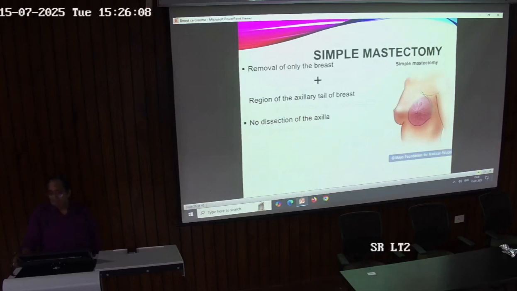Because you are removing the breast tissue before involvement of the axillary lymph nodes, therefore the breast metastasis will not be happening in the lymph node. There is a test to confirm whether there is lymph node involvement or not. Which type of lymph node is tested in CA breast? Sentinel lymph node.